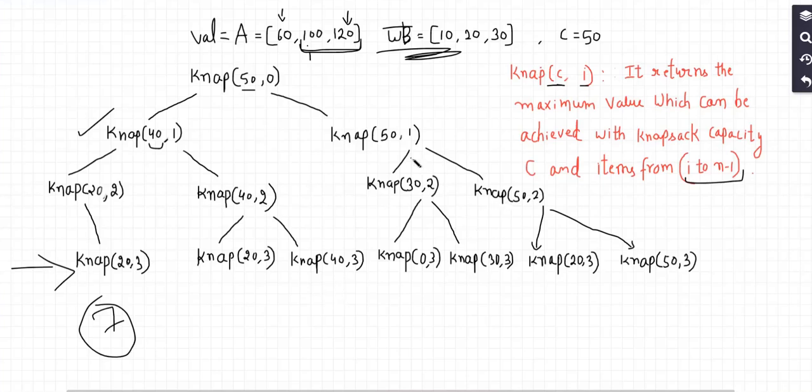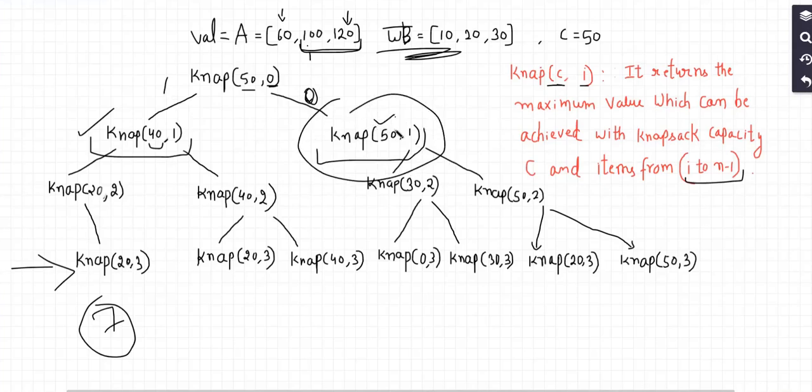We know that at each index I have to call the function two times. The first is the case when I insert the item, which decreases my capacity by the weight of the item, and the second is when I do not take the item, the case of 0. So this is case 1, this is case 0. Here I call this function again, but I do not insert the item, hence I do not decrement my capacity.